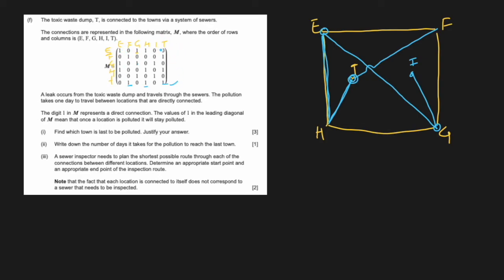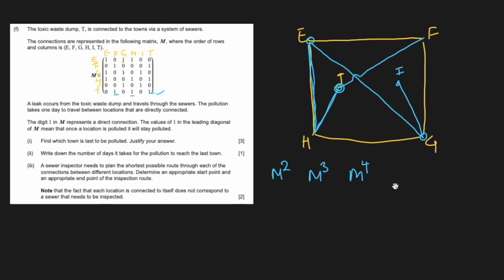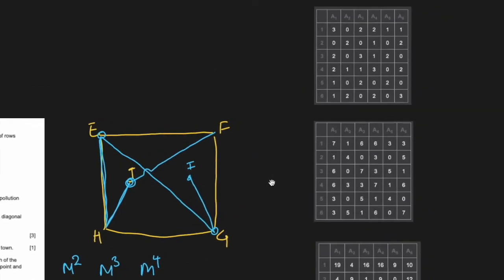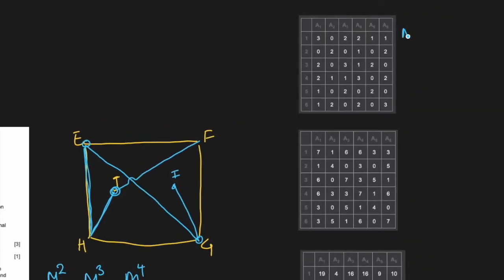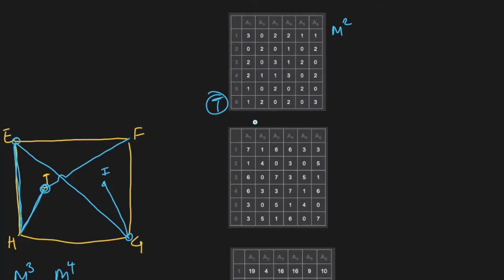We should write M squared for 2 days, M cubed for 3 days, and M to the 4 for 4 days. I have already done this online and seen here. This is M squared. If I square the matrix given, this is what we get, and the last line is T, from where the leakage occurs.